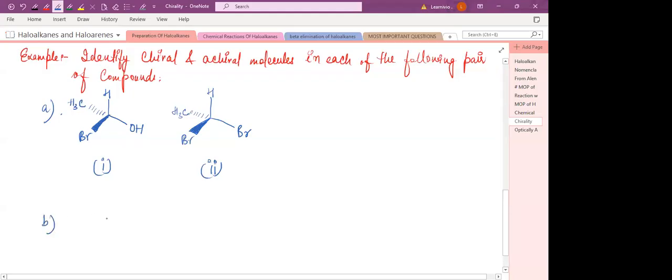Similarly, the second question is carbon, CH3. This is the first, this is the second option.